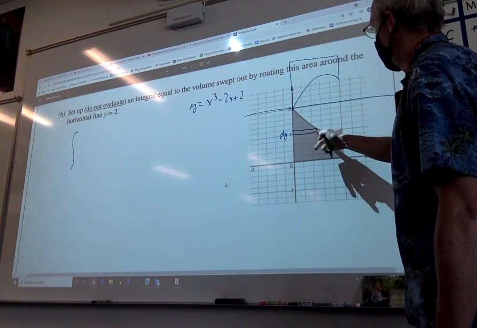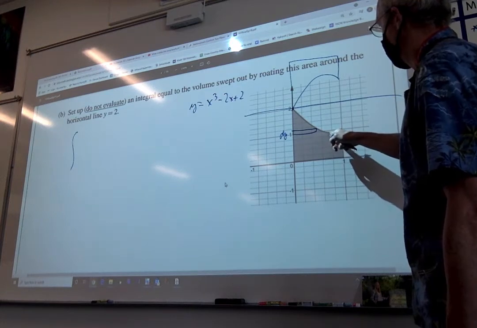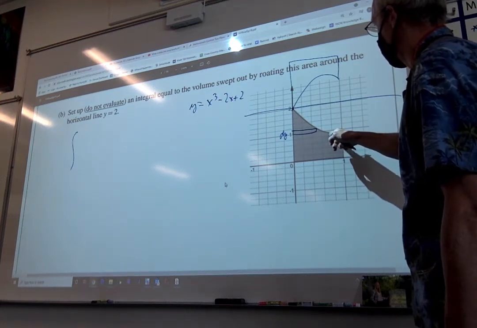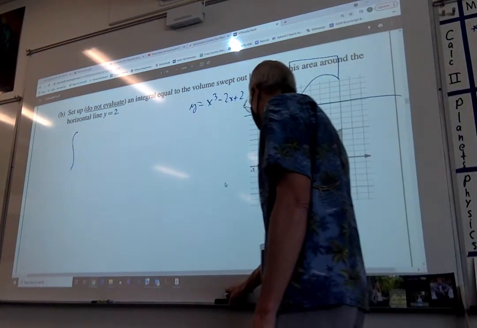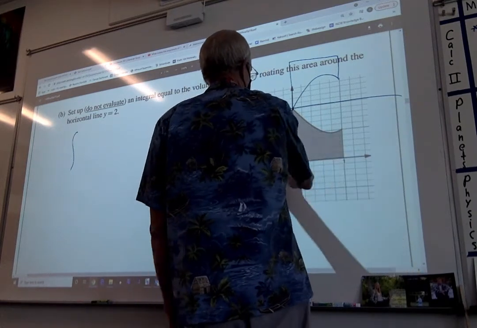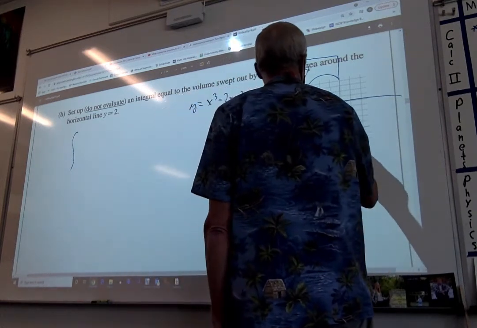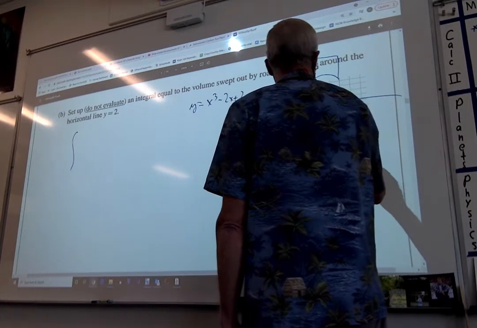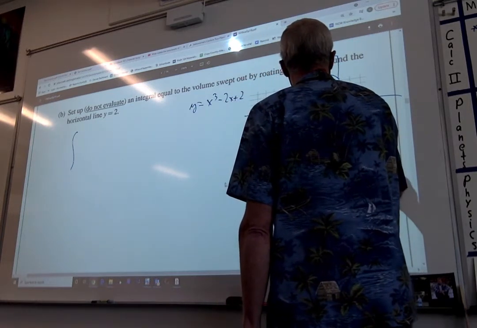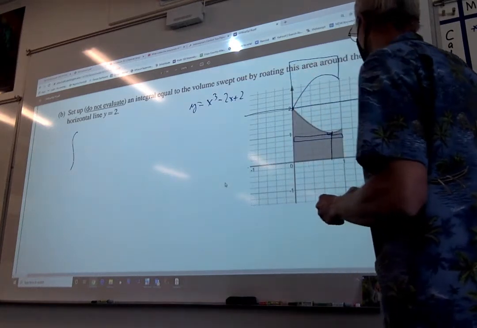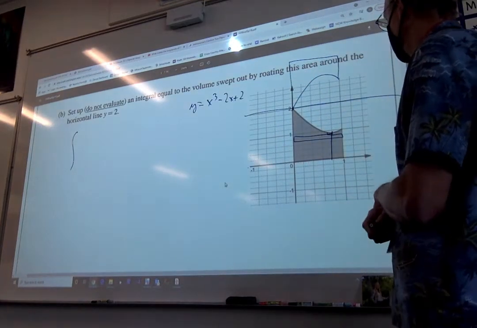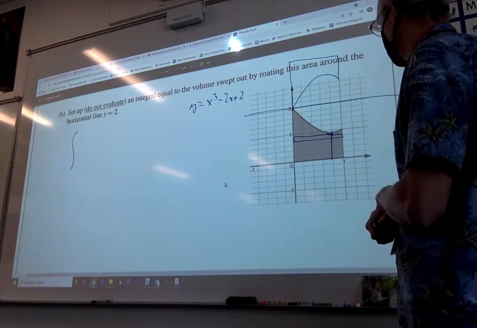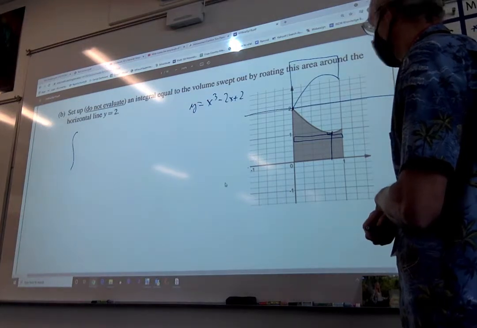sweep it around. But what do we do when we get to right here? What happens when it gets to like right here? We have this little part here. So do we have to do that separately? If it's standing up, can we still do it?